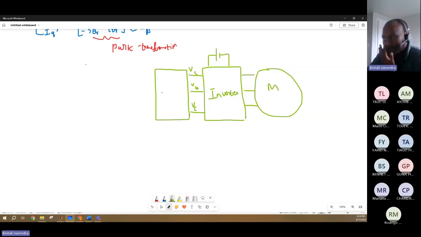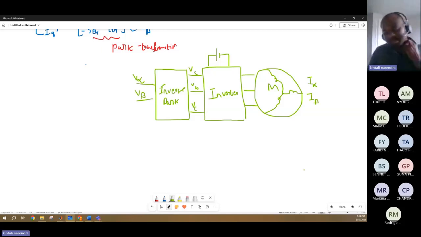What I call the inverse Park transformation, that is V alpha and V beta. Here you have three currents, IA, IB and IC, and from them you'll get I alpha and I beta.